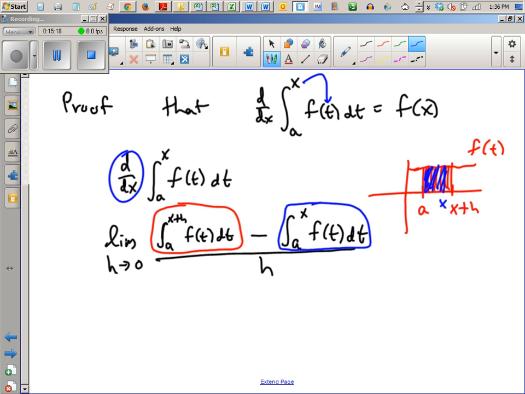See? So the difference between this and this, literally the subtraction between these, is just this little sliver of area right in here between x and x plus h. Okay, so this can be written now as just one integral from x to x plus h.